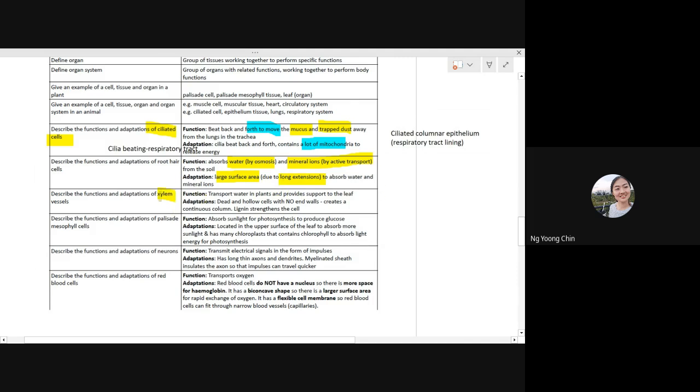Okay, how about xylem? Xylem vessel, okay, they help to transport water and mineral ion. Xylem vessel, they transport water and also mineral ion. Yeah. So from where to where? From roots to leaf.